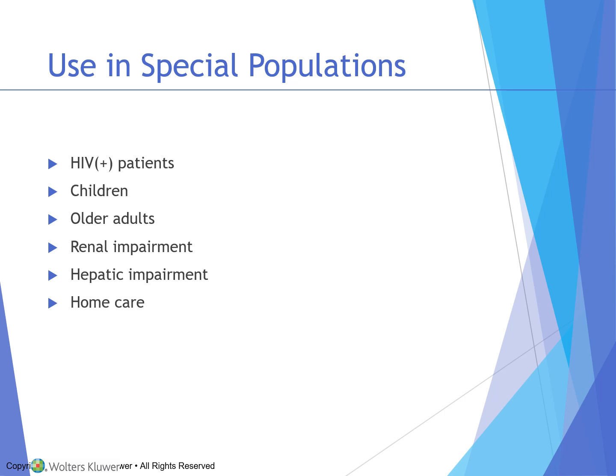Now, for use in special populations: patients who are HIV positive or any other immunocompromised patient, right? Children, older adults, renal impairment, hepatic impairment, and home care. Make sure that you check those out in your book and add to your drug cards as necessary.